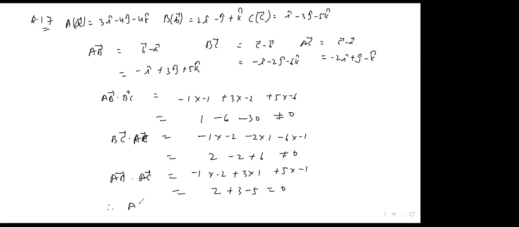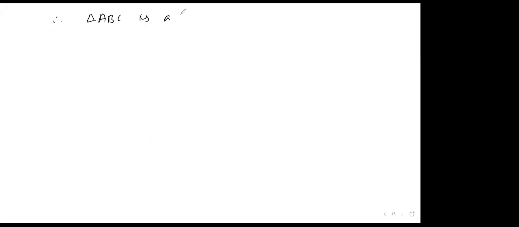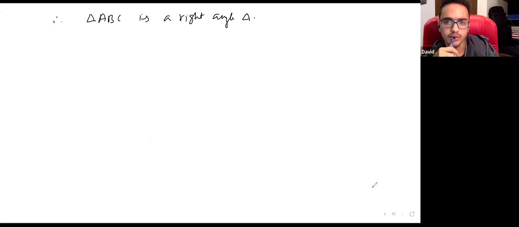Therefore, AB is perpendicular to AC and angle A is a right angle. Therefore, ABC forms a right angle triangle. Triangle ABC is a right angle triangle.